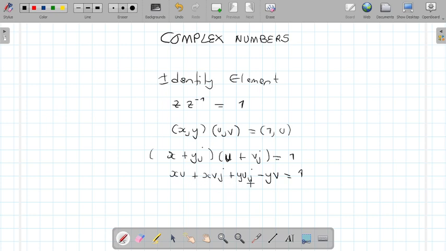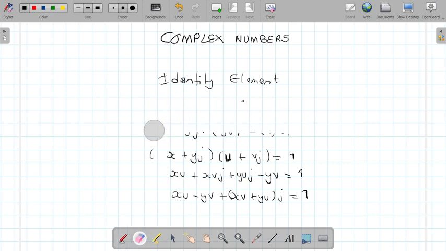All right. So let's regroup. So we have xu minus yv, plus xv plus yu, times j. So that has to be equal to 1. Great. So now let me transform back to our notation.